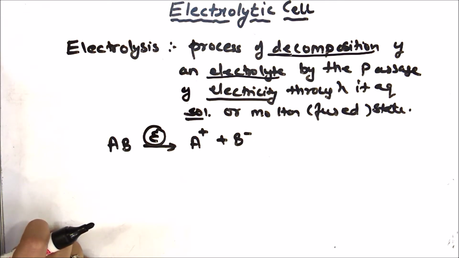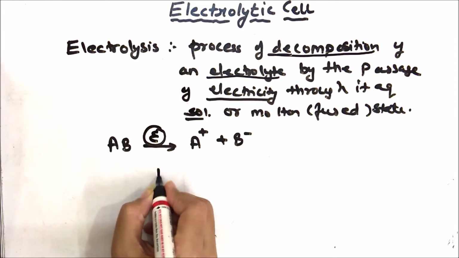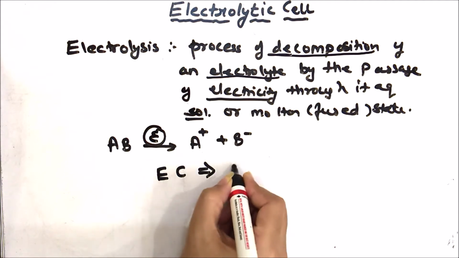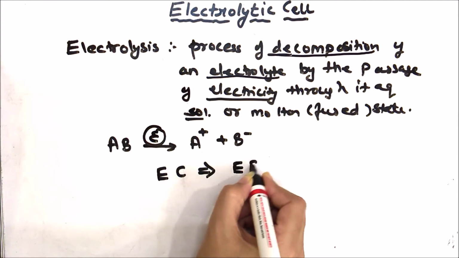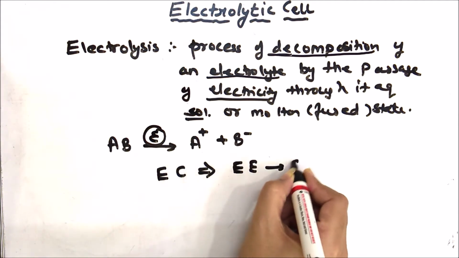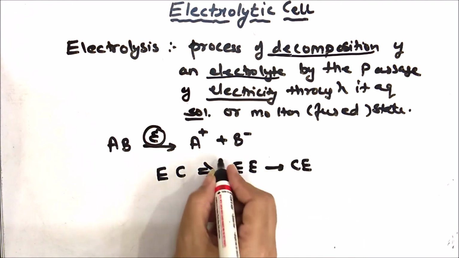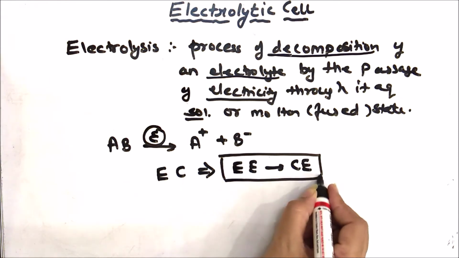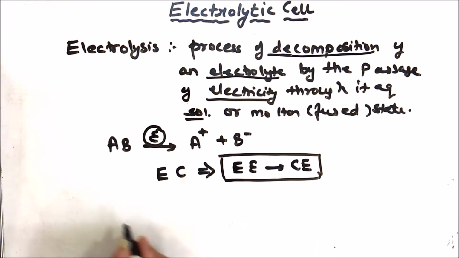Okay, so let's move to the fabrication of electrolytic cells, right? Before moving towards the fabrication, you should know what electrolytic cells do. They convert electrical energy into chemical energy. The role of an electrolytic cell is to convert electrical energy into chemical energy.